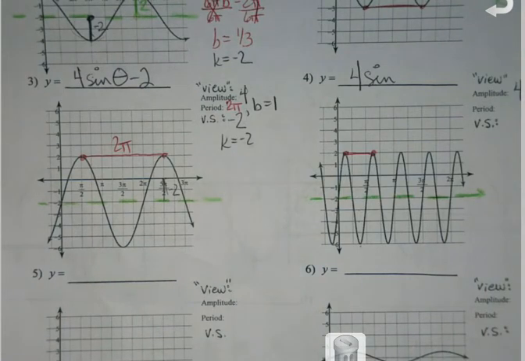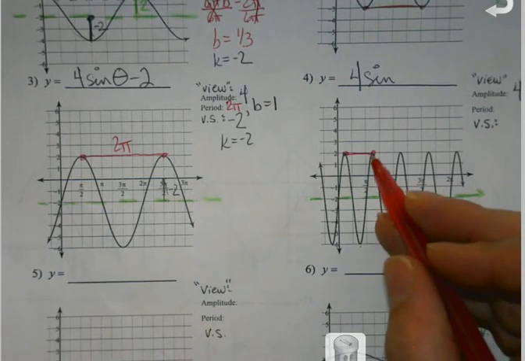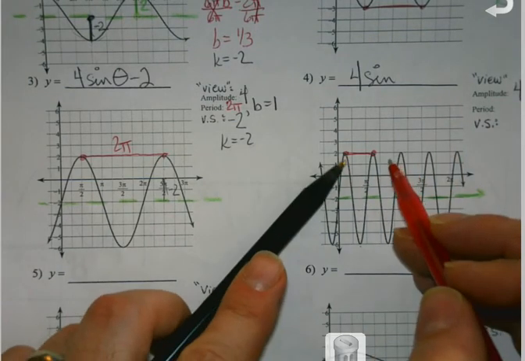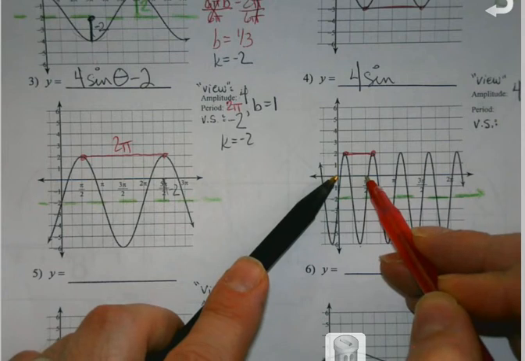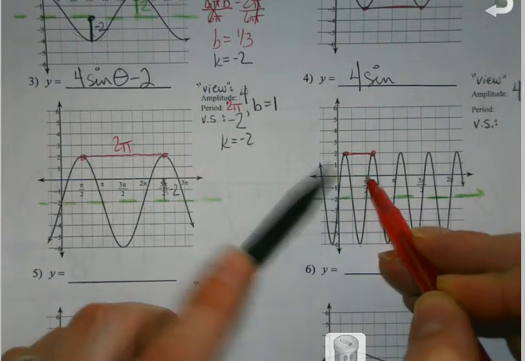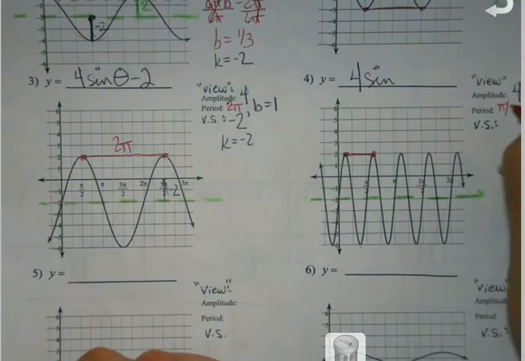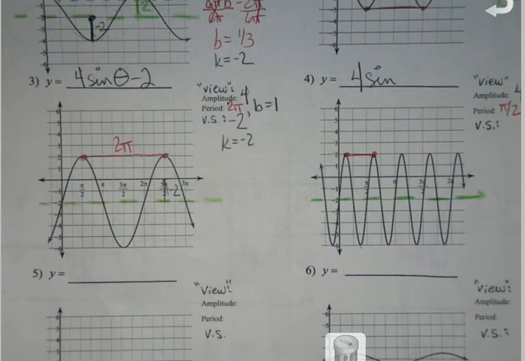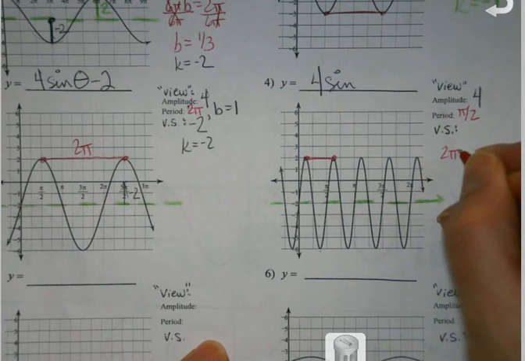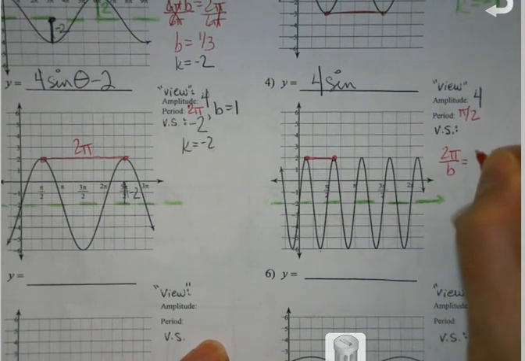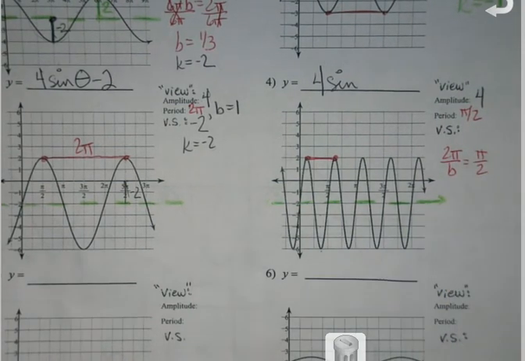Now some of you may be like, now how would you know that off the top of your head when those are in the middle? Notice though, 1, 2, they're 2 apart, and my tick marks are pi over 2, every 2 that I do. So my period is pi over 2, which tells me that 2 pi over b is going to equal pi over 2. Because again, that's the formula.